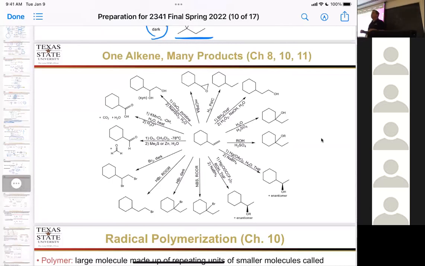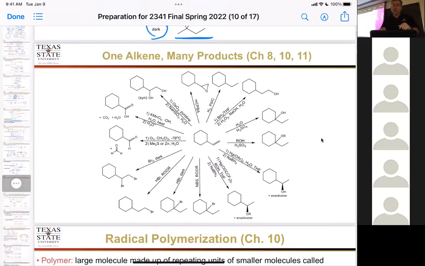And so recognizing which functional groups you can make for different things, for example, an ether here, an alcohol here, an epoxide here, a diol here, those are all functional groups that you want to look for. A dibromo compound is different than a monobromo compound. And then you have selectivity on where that bromine goes, depending on which reaction you use. So those are the things we want to look for, okay?